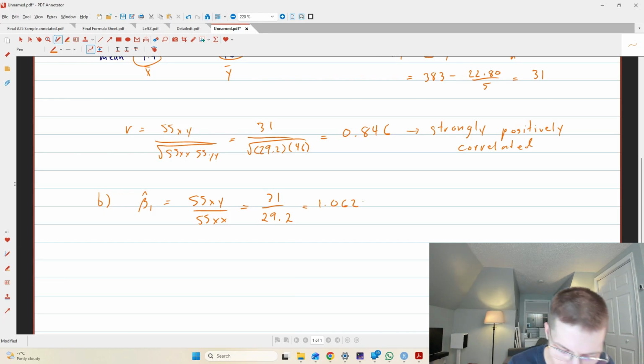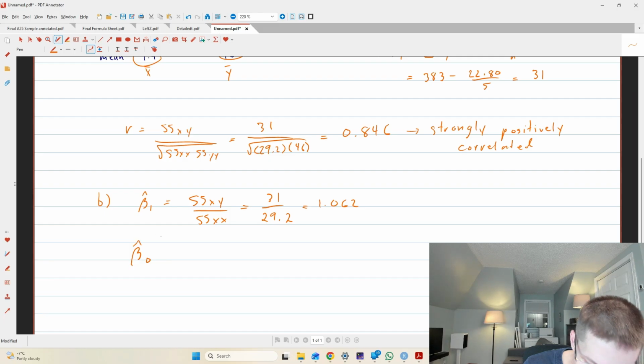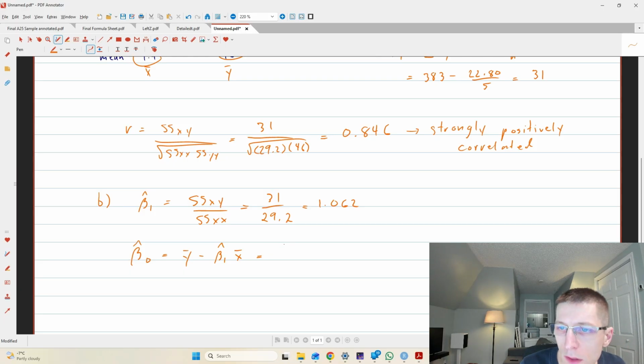And then the beta 0 hat is our least squares intercept. So that's y bar minus beta 1 hat x bar. And that's going to be 16 minus 1.062 times 4.4. That works out to about 11.327.